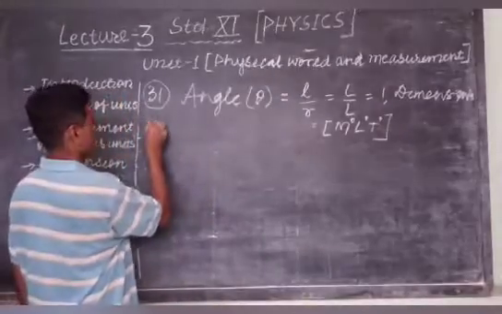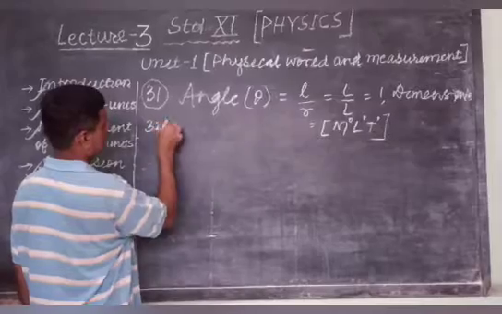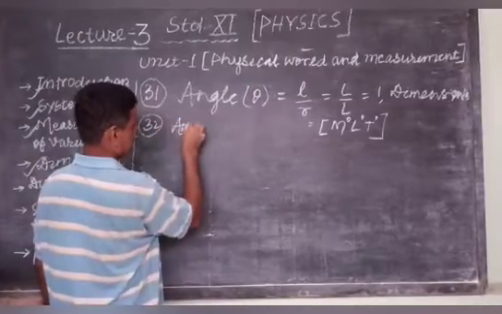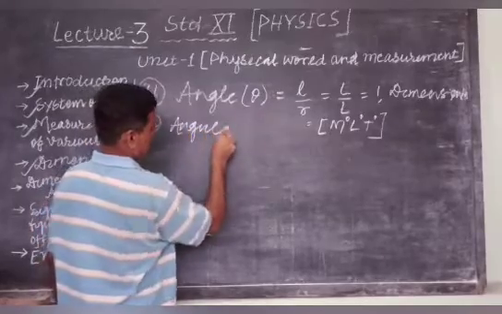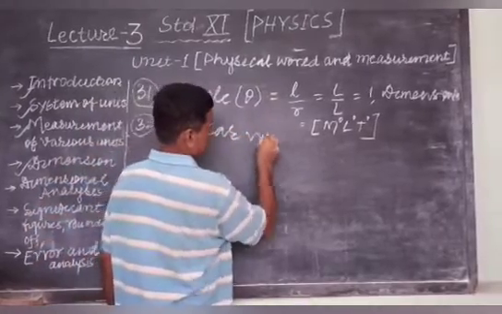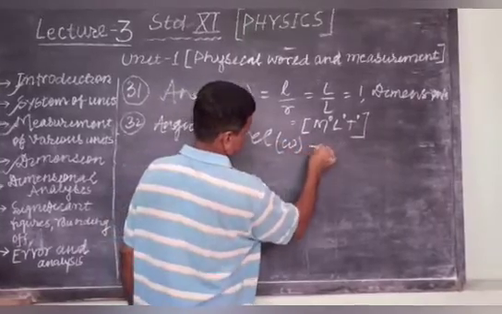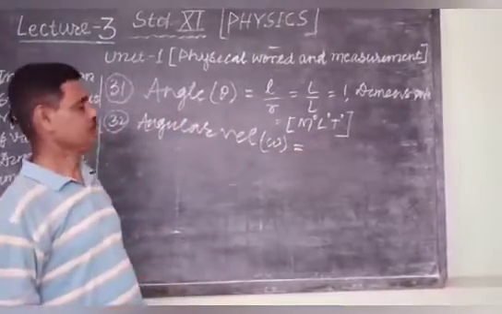Number 32, starting with angular velocity. Angular velocity is denoted by omega.